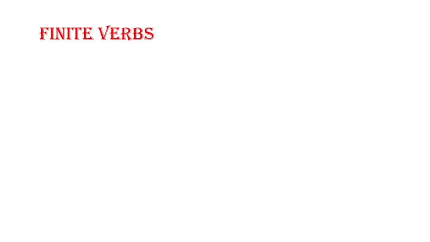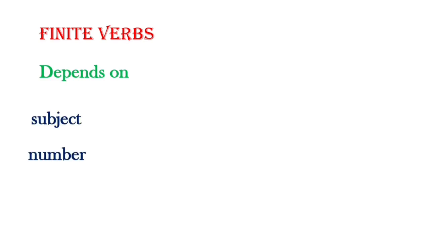Before going to the main, let's see what is finite and what is non-finite first. Here finite verbs depend on the subject, number and time or tense in the sentence. In every sentence we are using subjects.